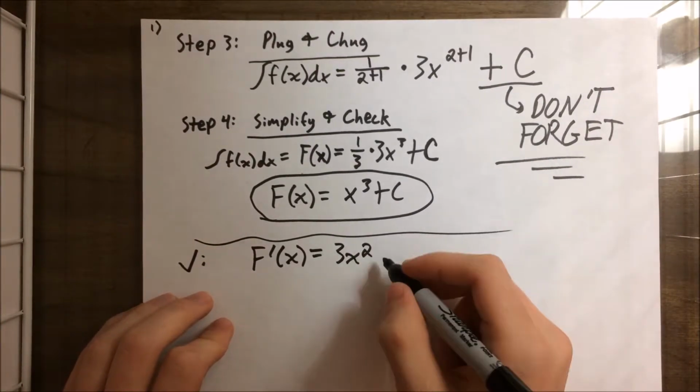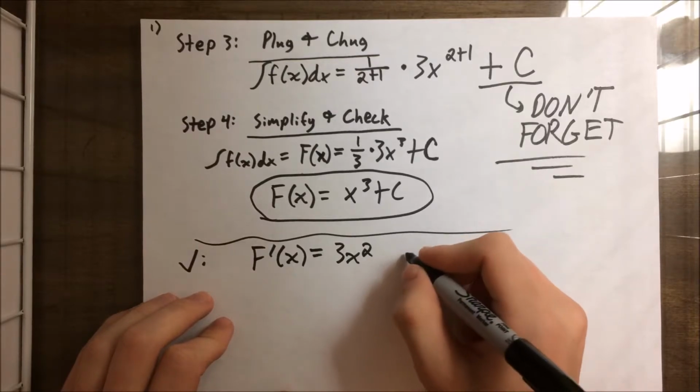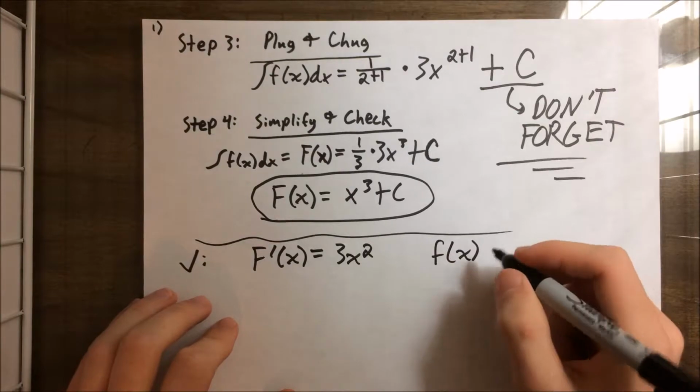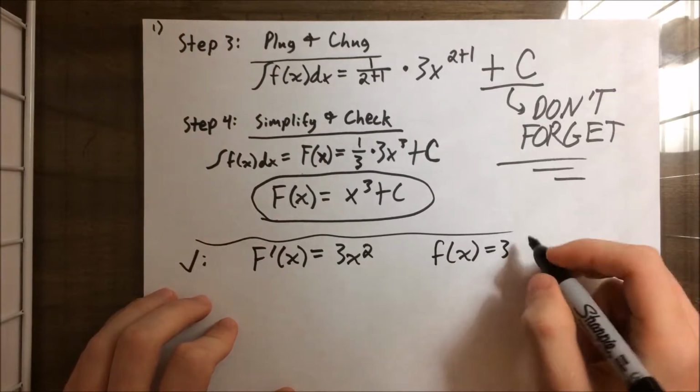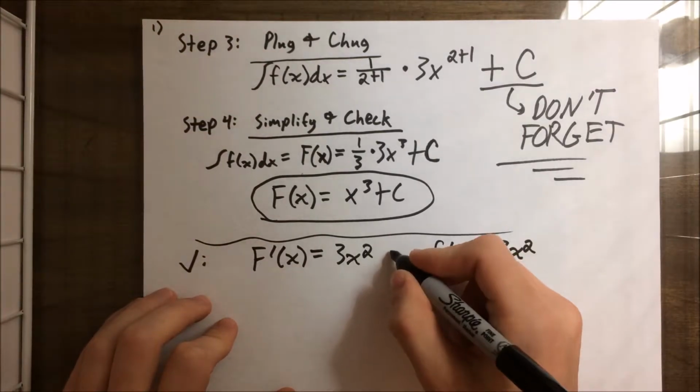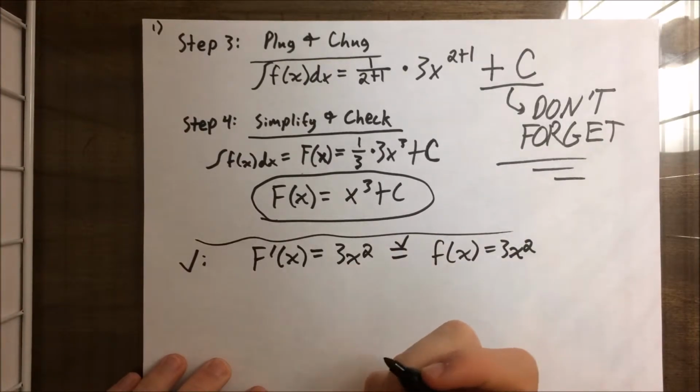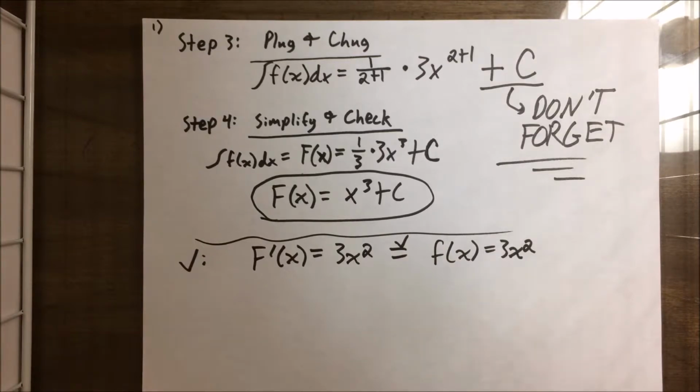And so then f of x was equal to 3x squared, so those are equal. So therefore capital F of x equals x cubed plus c is the indefinite integral of lowercase f of x is equal to 3x squared.